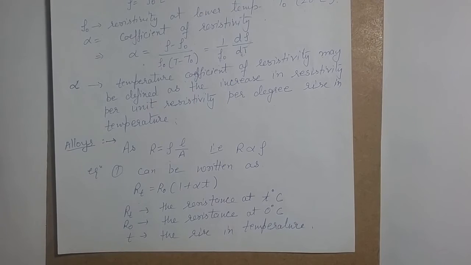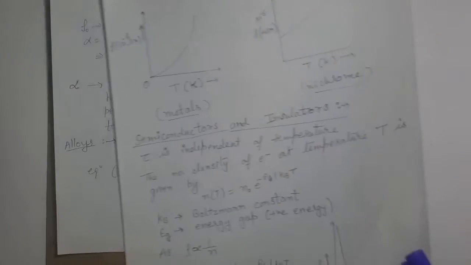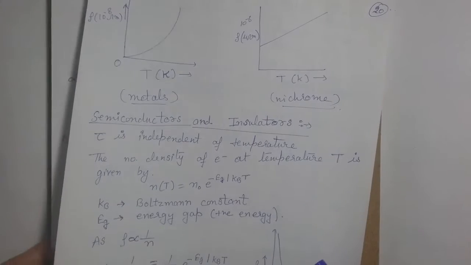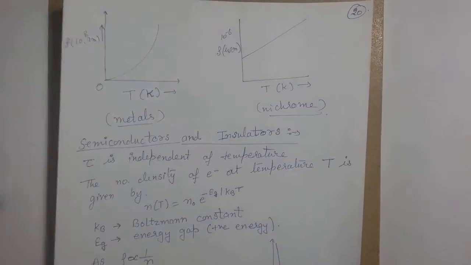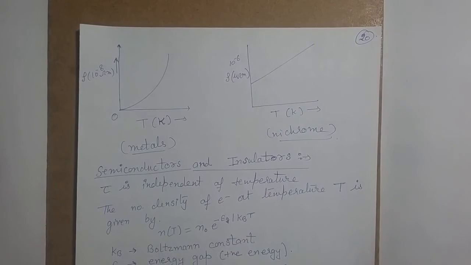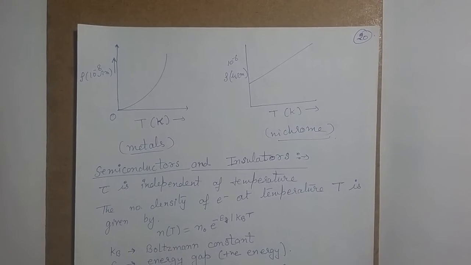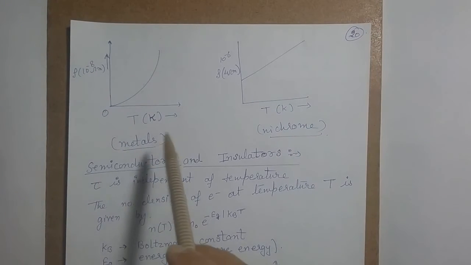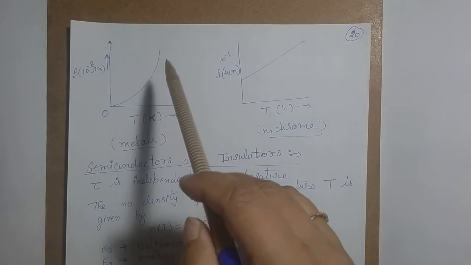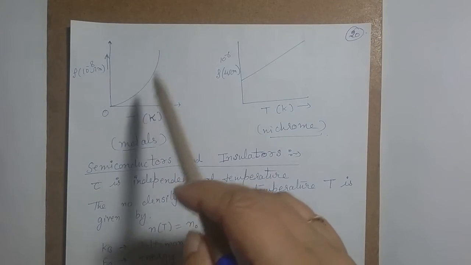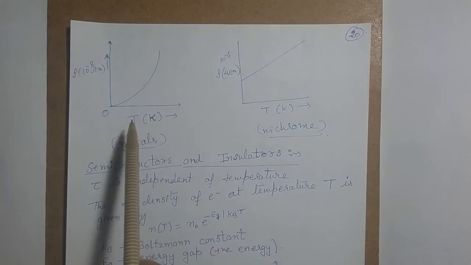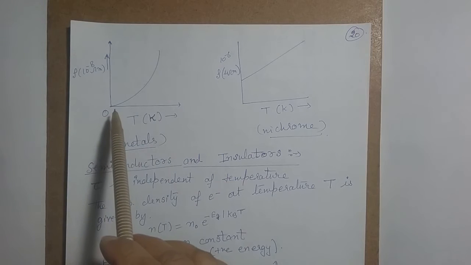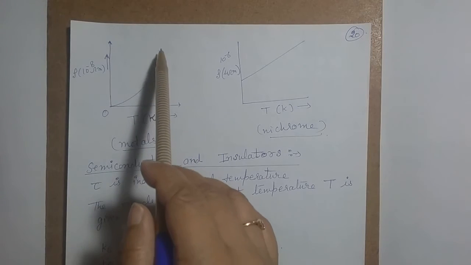Now let us compare the resistivity for a given conductor and for a given alloy. In case of conductors, the resistivity graph is like this. There is a linear change in resistivity for a given metal. So with rise in temperature, the resistivity rises linearly.